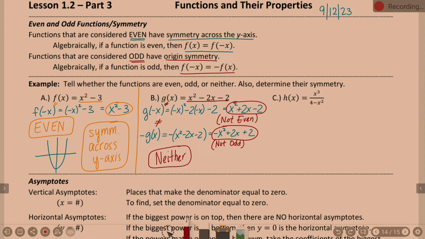What is your graph? A parabola. The first one was a parabola too, and it was even. What's different about this parabola? It's not the same. Okay. Yeah, it's not centered on the y-axis, is it? It got shifted left or right. It's not centered, and because of that, it's not symmetric across the y-axis, and it's not symmetric across the origin.